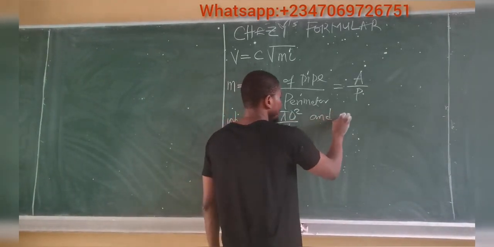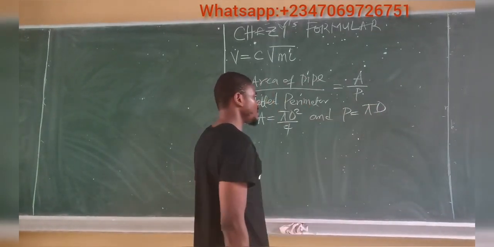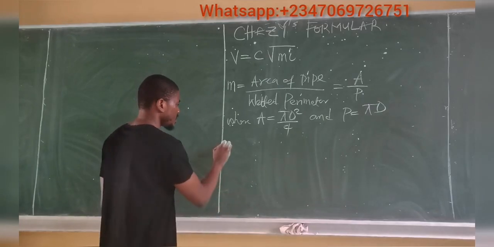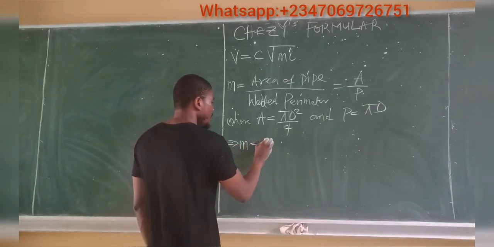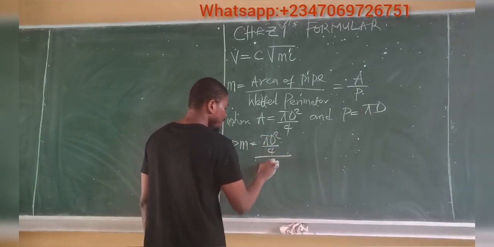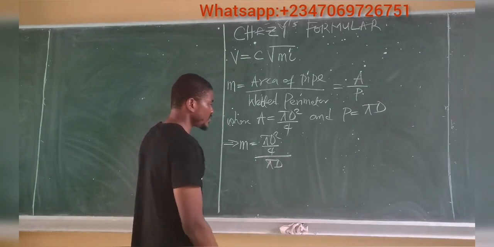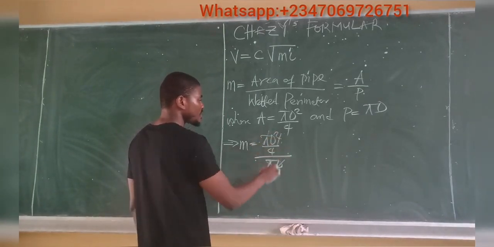And the perimeter itself, P, is simply pi times diameter D. Now, if you divide these two together, you obtain that M is equal to pi D squared over 4, all divided by pi times D. Notice that pi cancels pi, and D cancels one of the D squared.